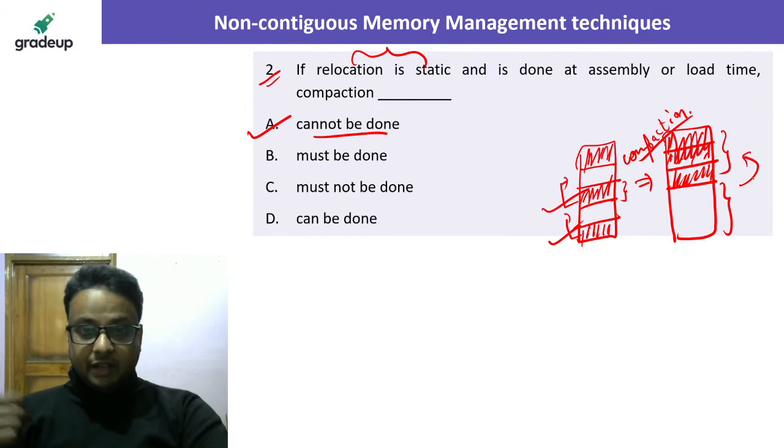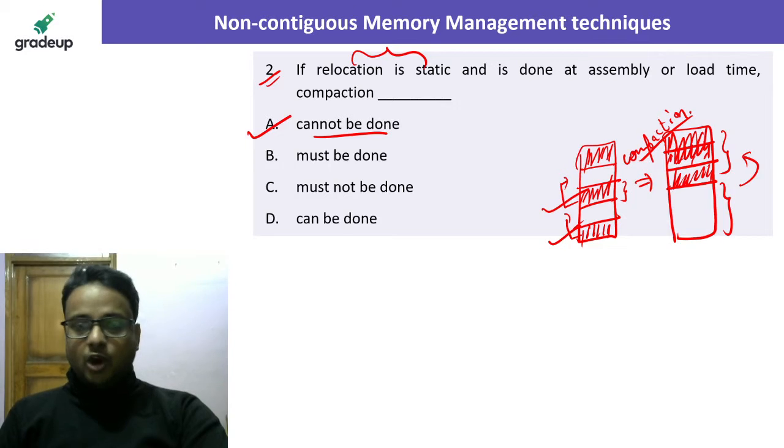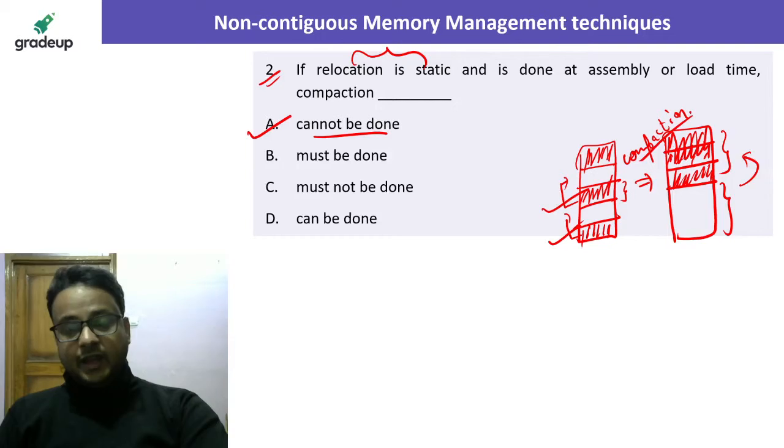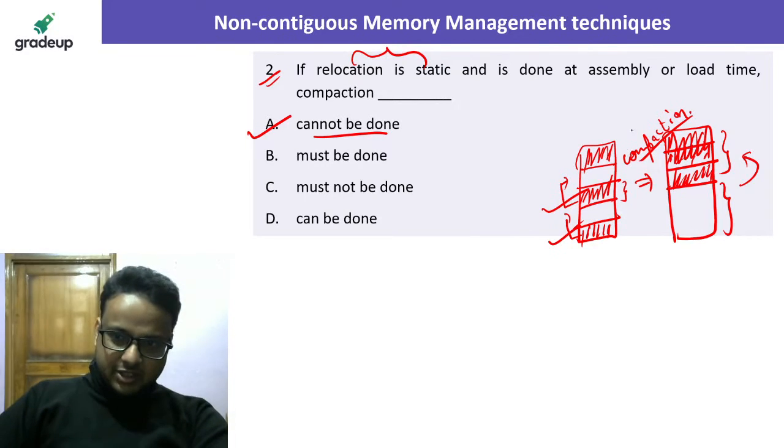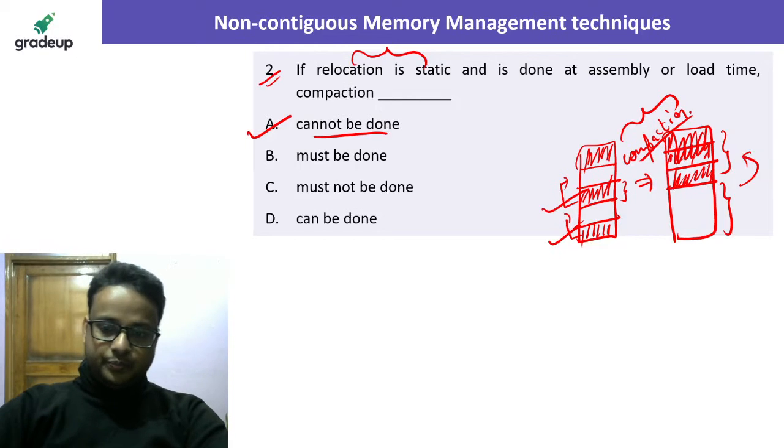But if it is static, not dynamic, meaning it is done at compile time, then compaction cannot be done; we cannot move the processes. Only when it is dynamic, meaning loading is done at execution time, can compaction be done. And compaction is also not optimal. Why? Because compaction is slow.